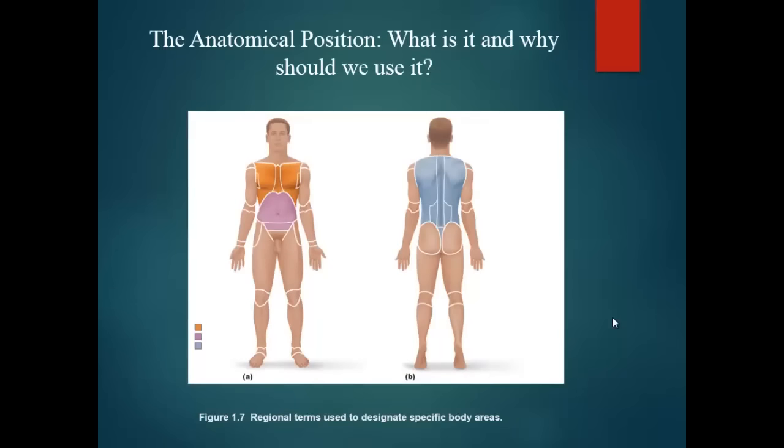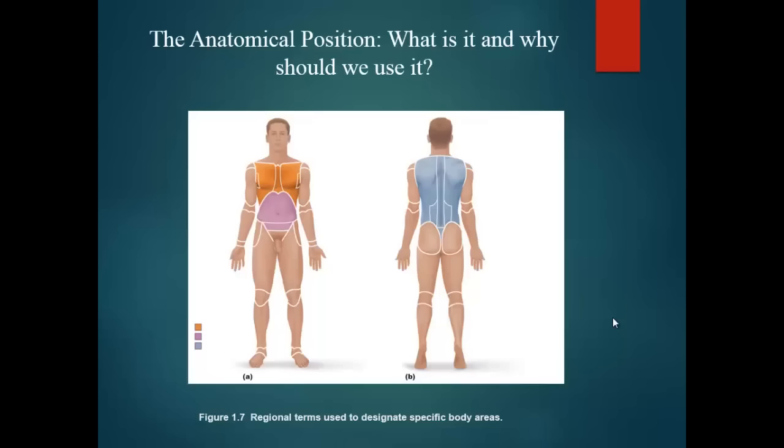So this is anatomical position. It's a man standing upright and his palms are facing forwards. This is the way that we would describe where, say, the elbow is in relation to the shoulder from this position.